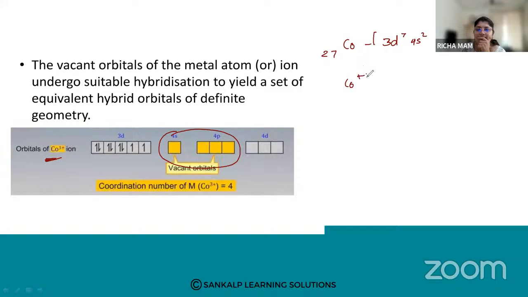So cobalt has d orbitals 1, 2, 3, 4, 5 and the 4s orbital. Let me write it properly.